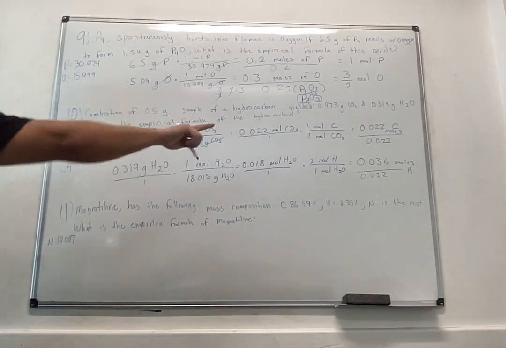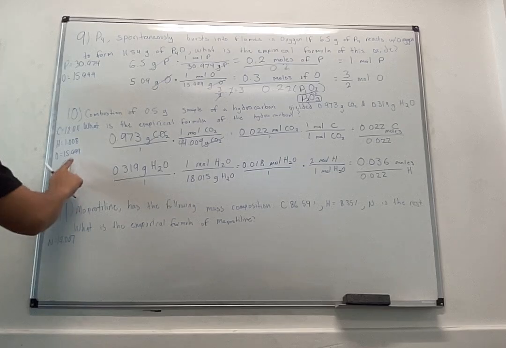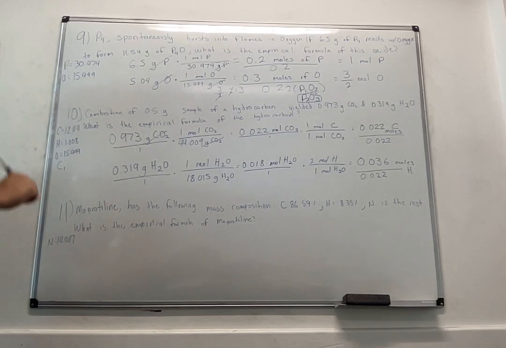So this 0.022 over 0.022 would be 1 carbon. And then 0.036 over 0.022 would give us about 1.6 or 3 over 2.